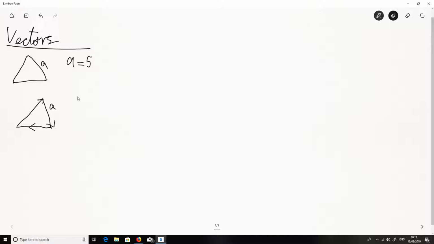Say for example, this arrow is moving 1 unit to the right and 3 units down. So that means that 1 unit to the right would be like that, and 3 units down would be -3 like that. So this is the direction of this vector.